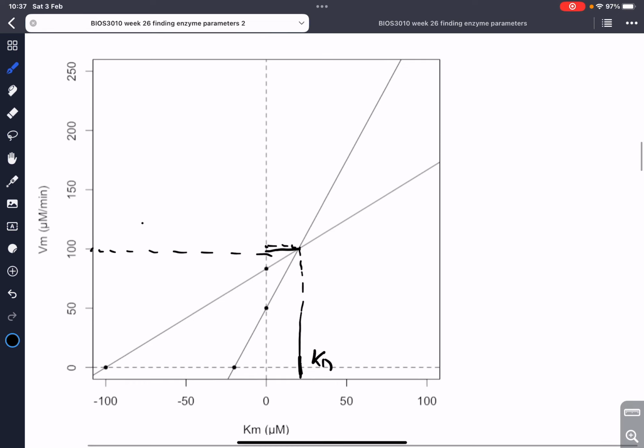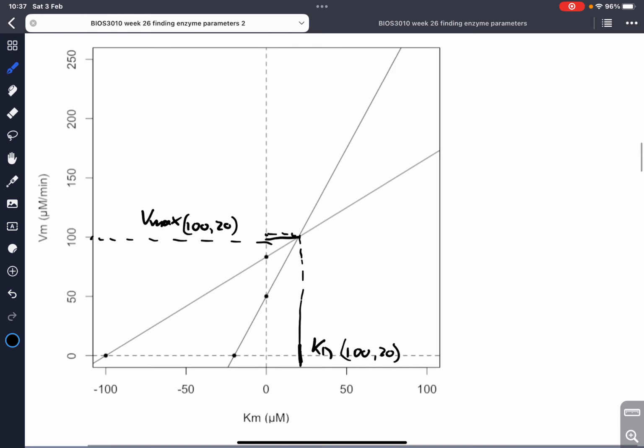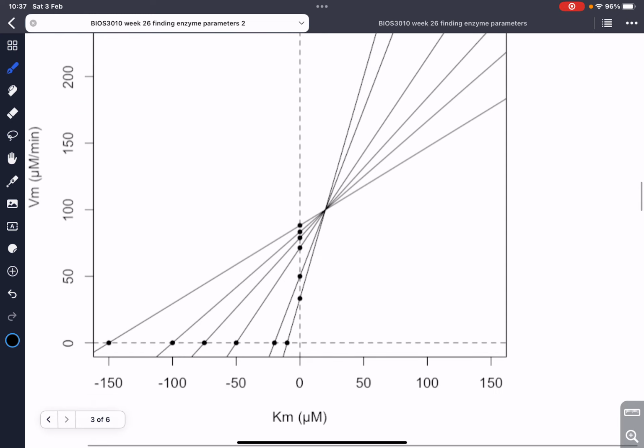So we would say our Vmax for this first set of data, where we compare 100 and 20, and Km of 120 as well. So we can do that quite nicely, and we've got a really nice estimate already for our data. And of course we can do that for all the substrate concentrations that we have, and we would get something like that.